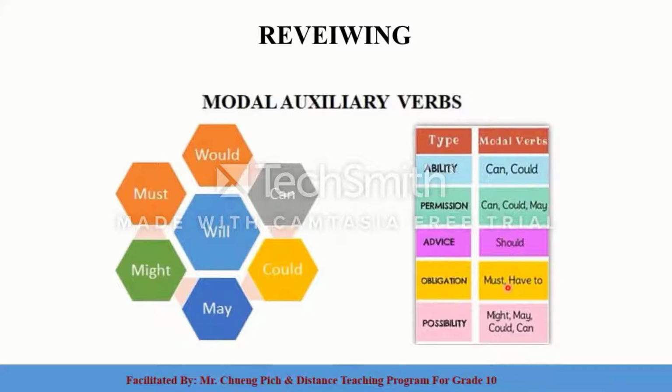For obligation, must and have to, as in the previous example, the trainees must or have to wear the school uniform. It is the regulation of the school, right? Last one, possibility: we use might, may, can and could to talk about something possible to happen, but not definitely.